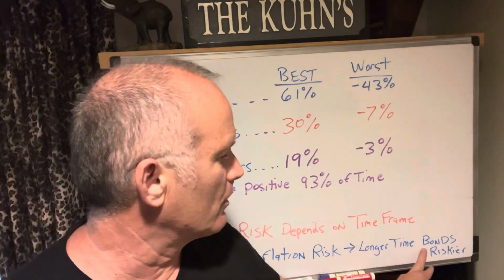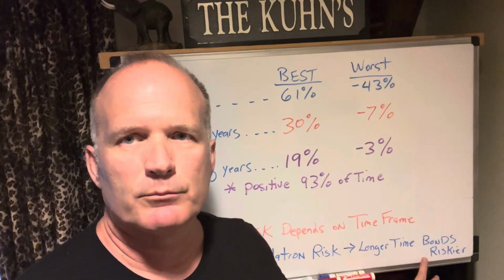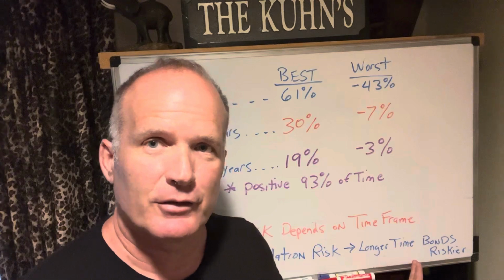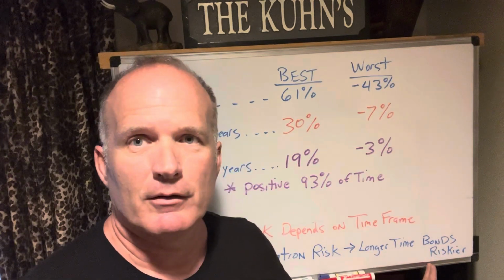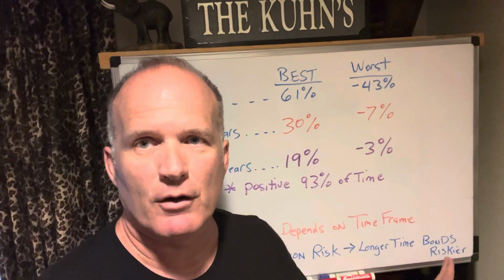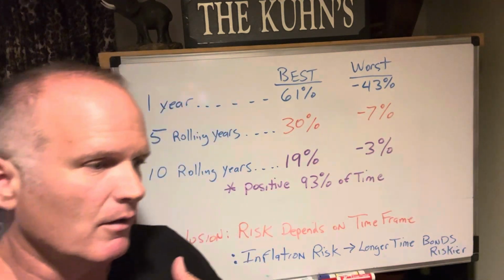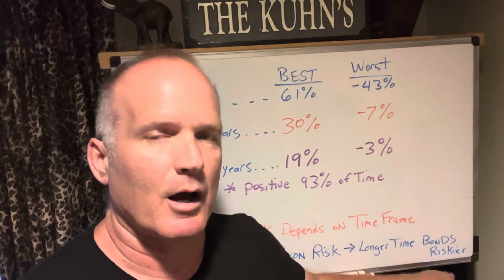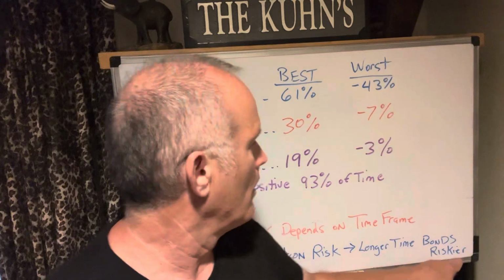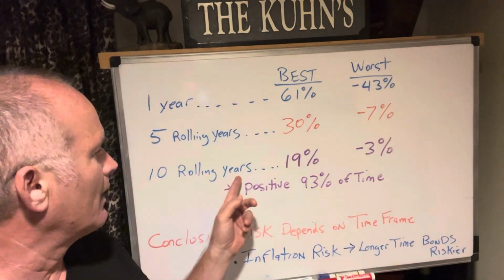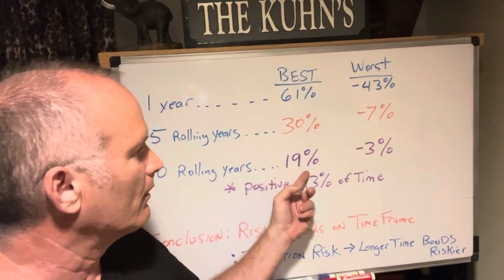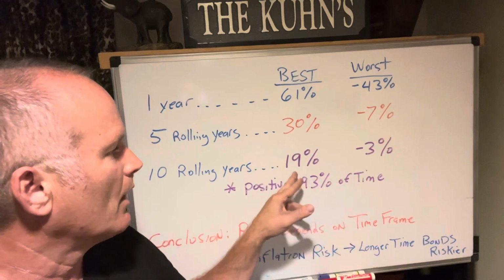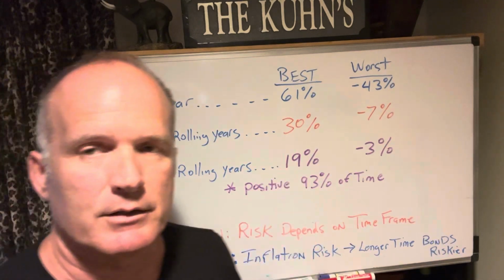If a bond returns 3 or 4% and inflation is 3%, you're netting 0 to 1%, maybe 2% on your bonds. And as you look at funding your retirement, bonds are actually riskier because the upside opportunity is so low, whereas if you're investing in something like the S&P 500 over 10-year periods, your probability of losing money is pretty low. Your probability of being around 10% is pretty high, and you could be as high as 19%.